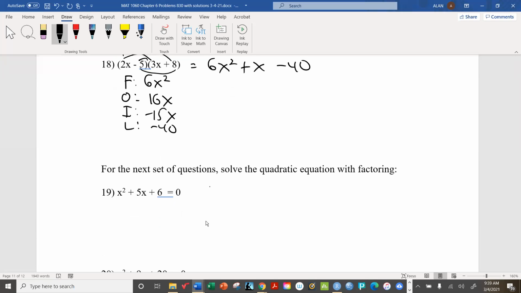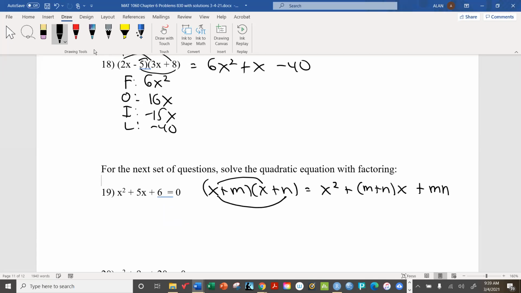If you remember, we were writing this as x plus m times x plus n, which equals x squared plus, using FOIL, first, outer, inner, so we actually have m plus n times x plus mn. So in order to solve for this, we need two integers whose product is 6, but whose sum is 5.